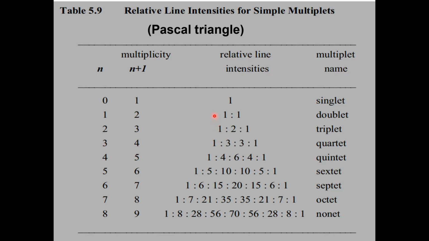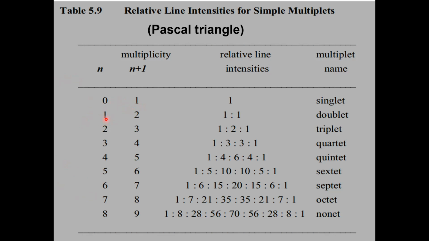The relationship here is that the number of lines is equal to 2nI plus 1, where n is the number of protons on the adjacent carbon, and I is the spin quantum number. If there are no protons on the adjacent carbon, it will be a singlet.